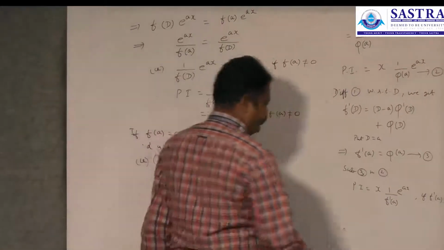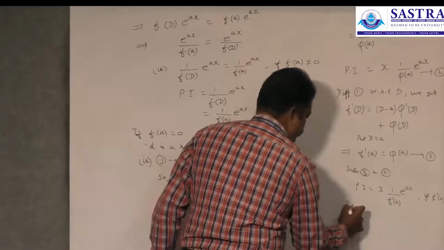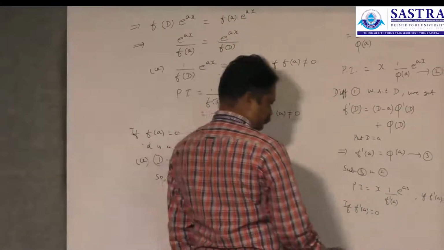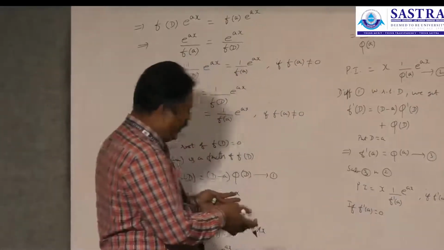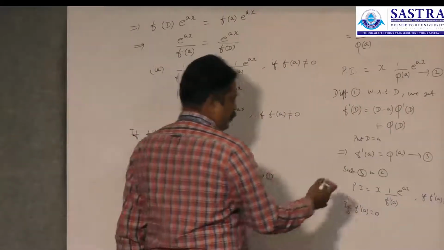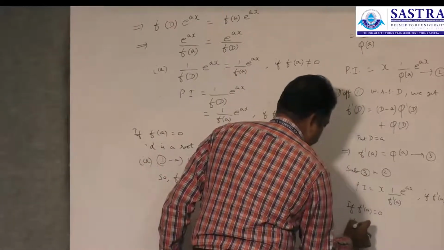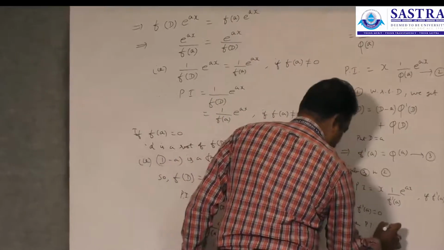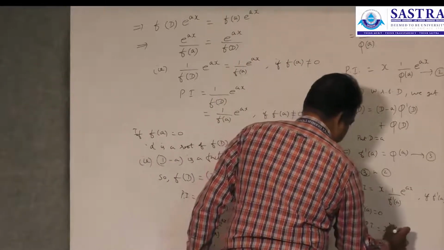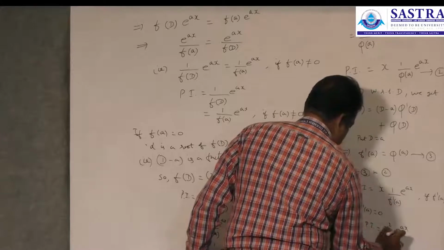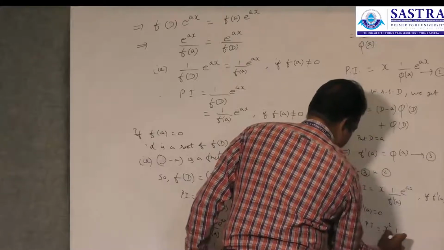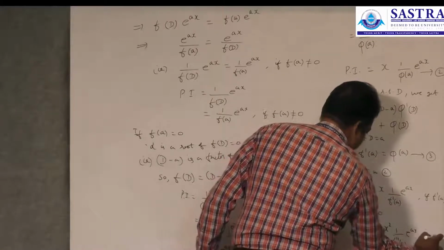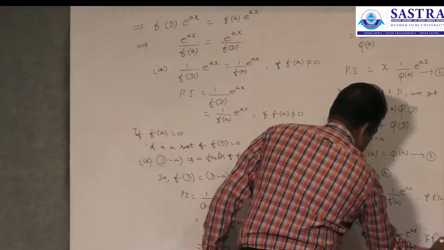If f dash of a is 0, then again we have to do like this. The particular integral is x square into 1 by f double dash of a e power ax, provided f double dash of a is not equal to 0.